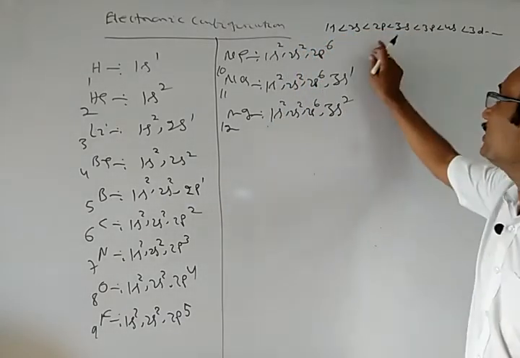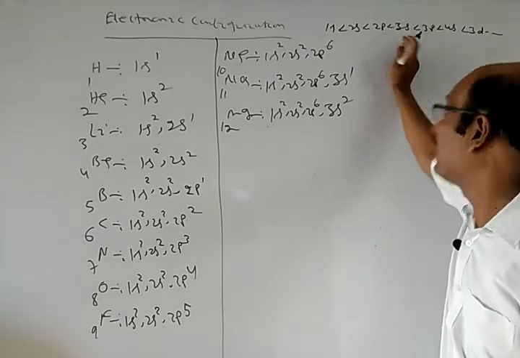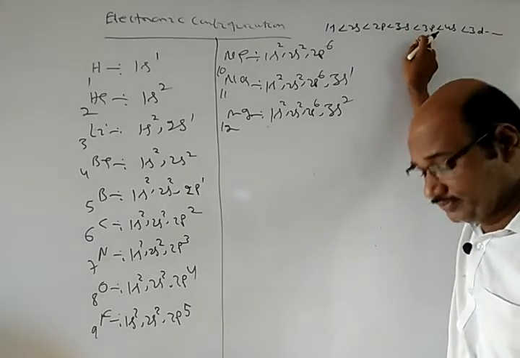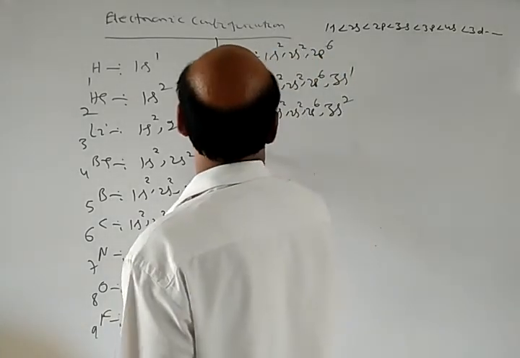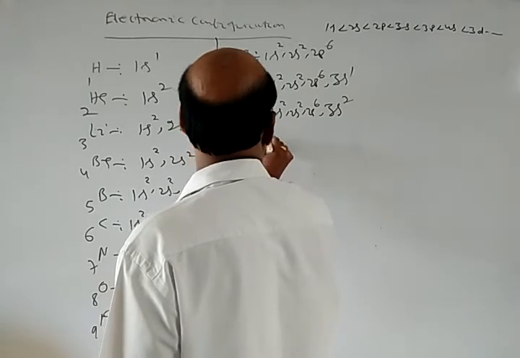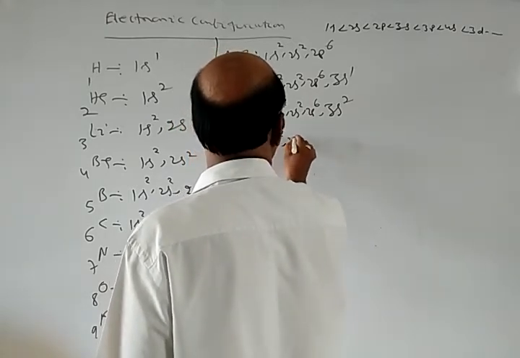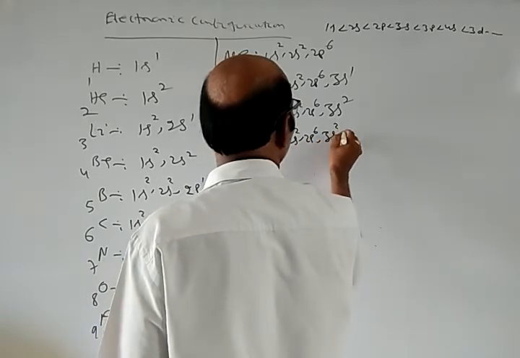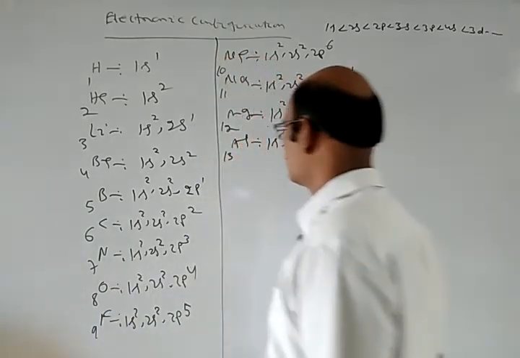So now 3s is filled up. After 3s we will get 3p, again up to 6. Aluminum 13, 1s2, 2s2, 2p6, 3s2, 3p1.